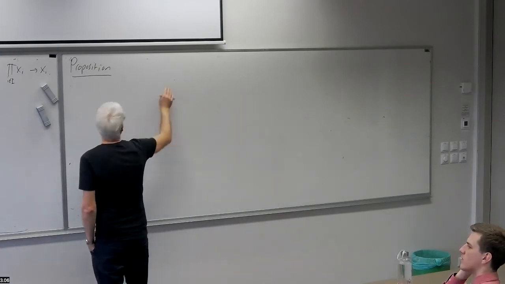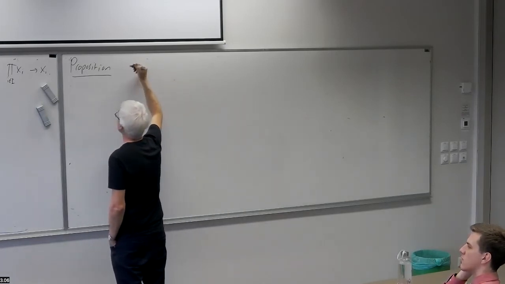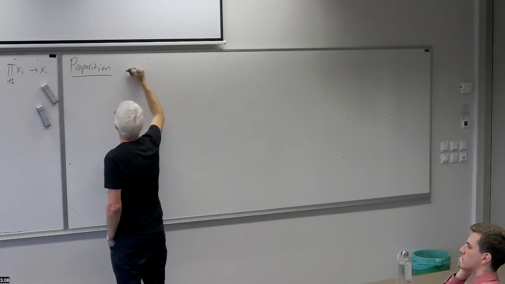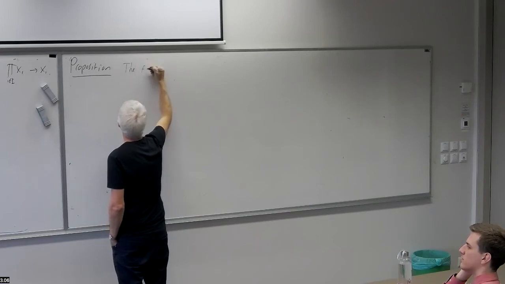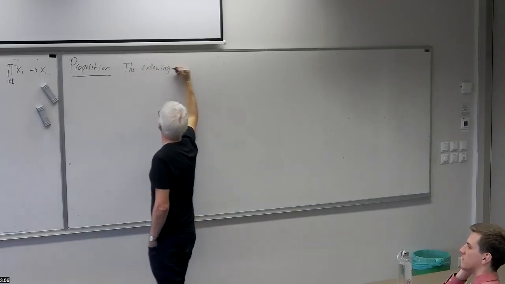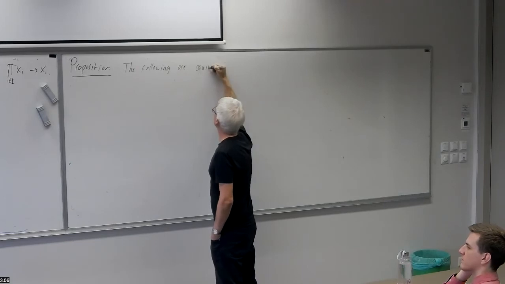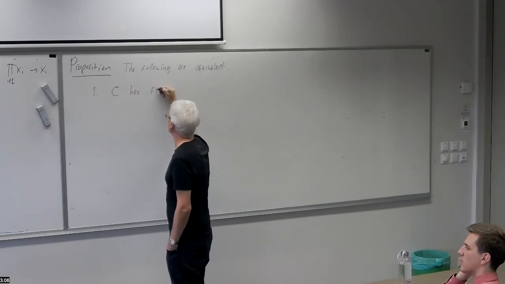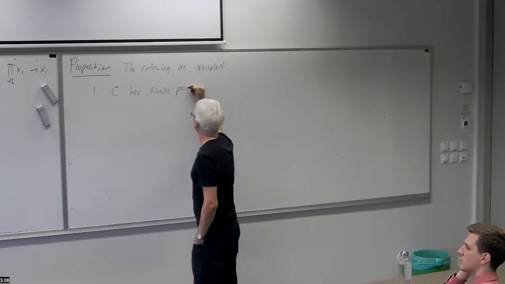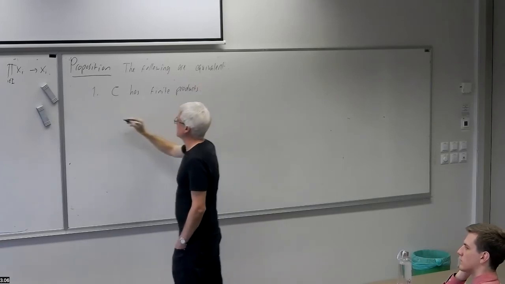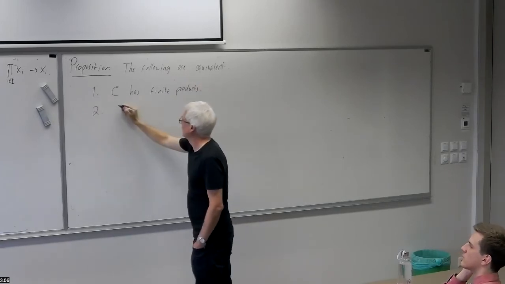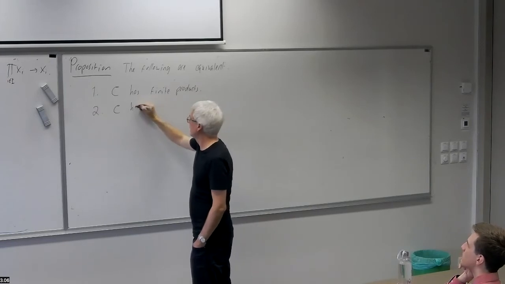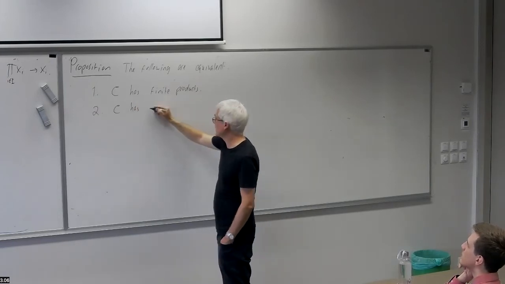So there's actually a very simple condition for a category to have finite products. So the following are equivalent. For a category C: firstly, C has finite products. And secondly, it's enough for C to have a terminal object and binary products.